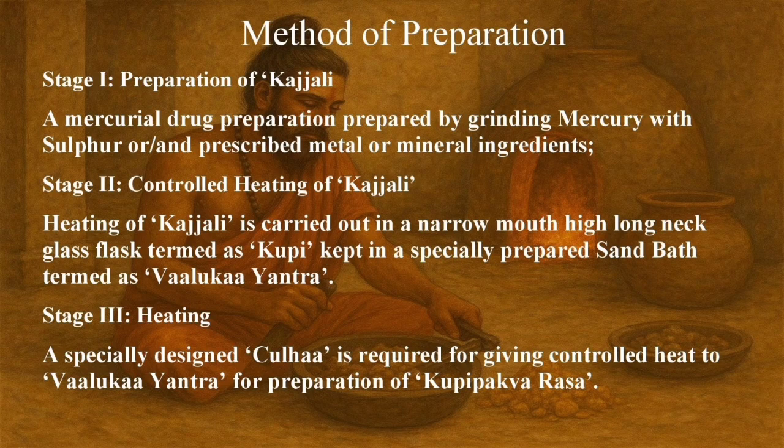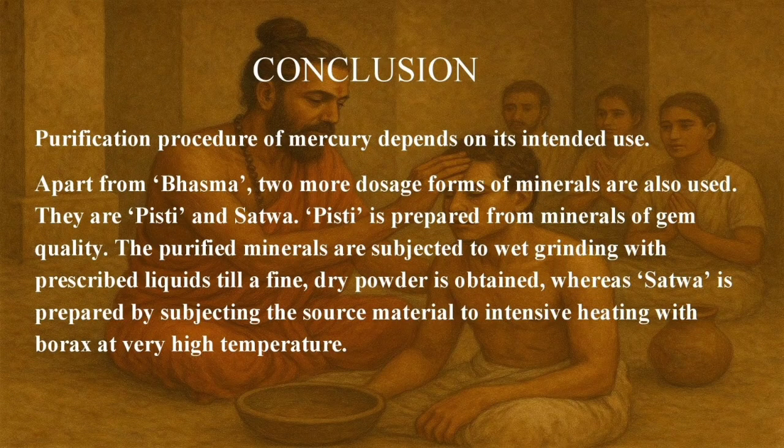Heating of Kajali is carried out in a narrow mouth, high, long neck glass flask termed as Kupi, kept in a specially prepared sandbath termed as Valuka Yantra. Stage 3 is heating. A specially designed chulha is required for the controlled heat of Valuka Yantra for preparation of Kupi Pakwa Rasa.